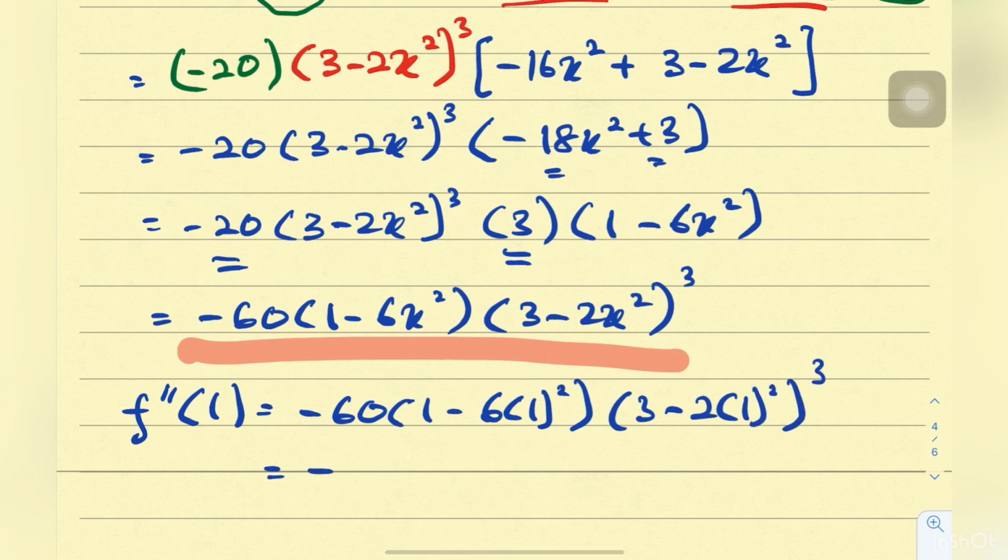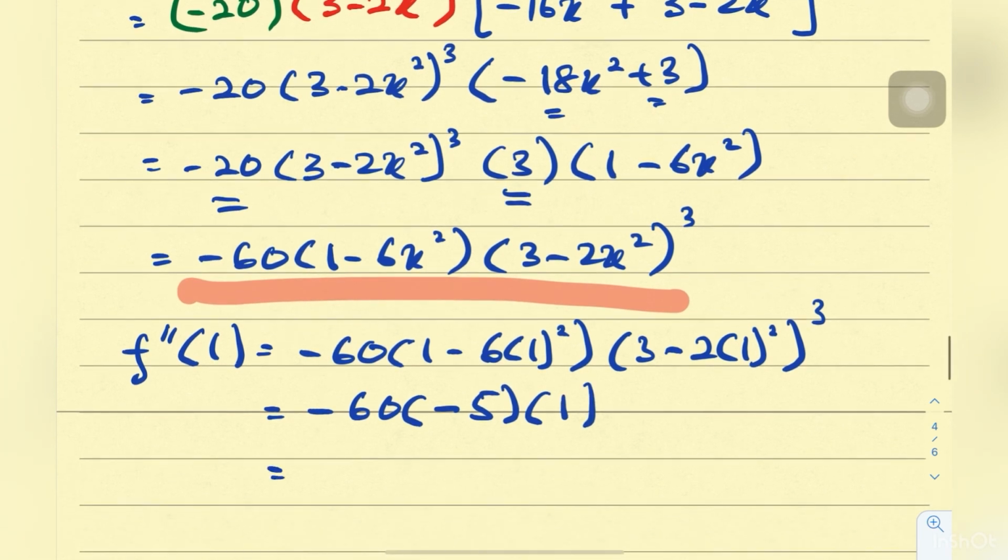Here we get negative 60 times negative 5 times 1, so positive 300. This is the value of f double prime x when x equals 1.